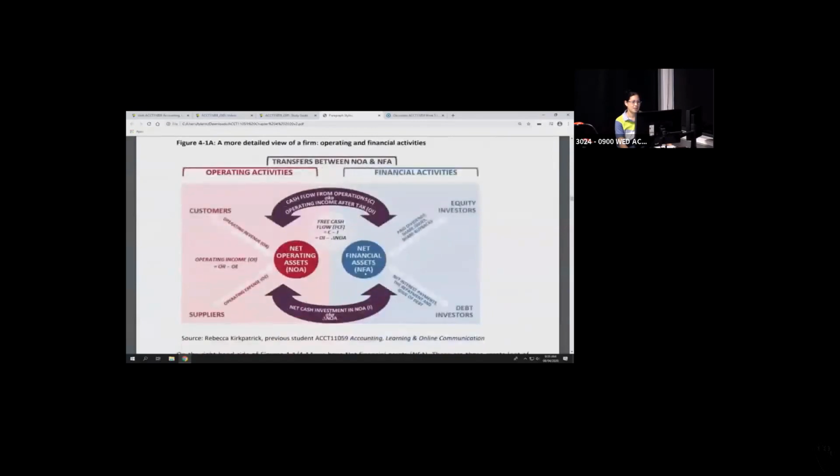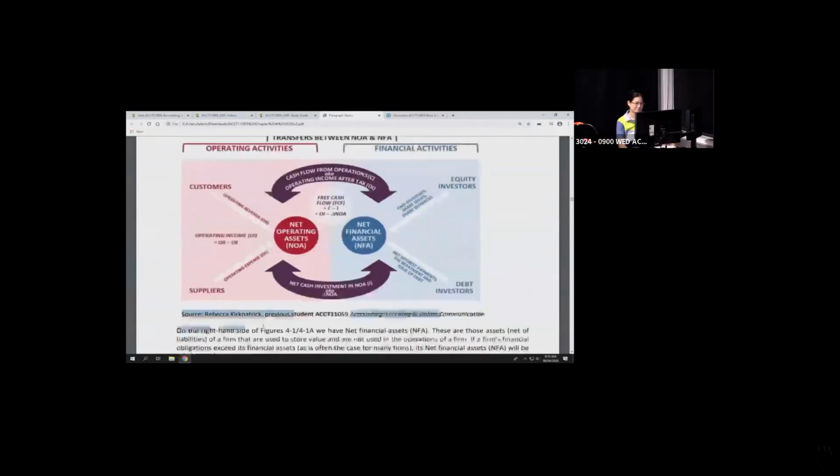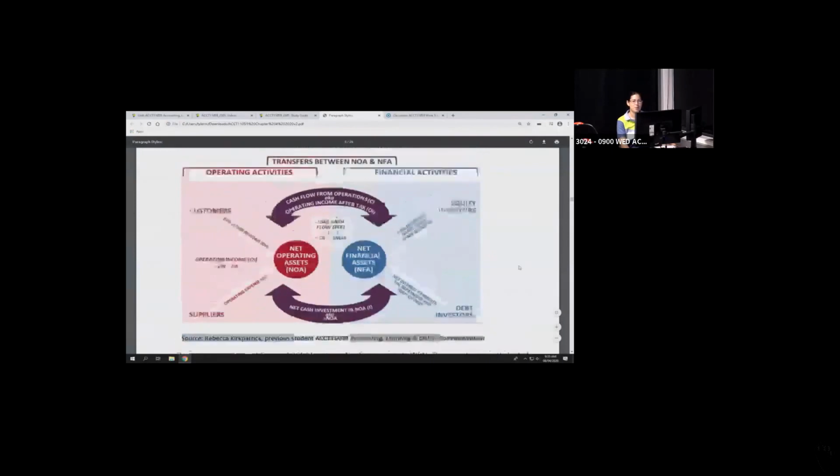Okay, so here's a more detailed view of the firm in terms of operating and financial activities. And the reason I like this, it's very, very good, is look where it comes from. This diagram was designed by one of our previous students in the unit.